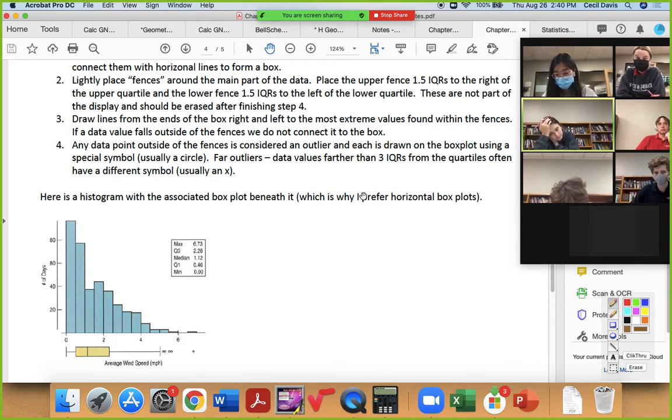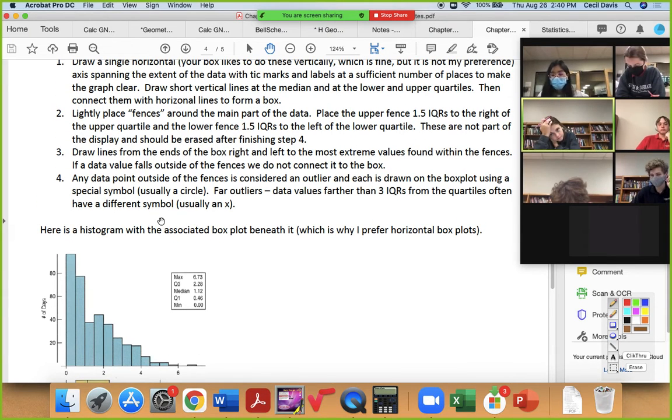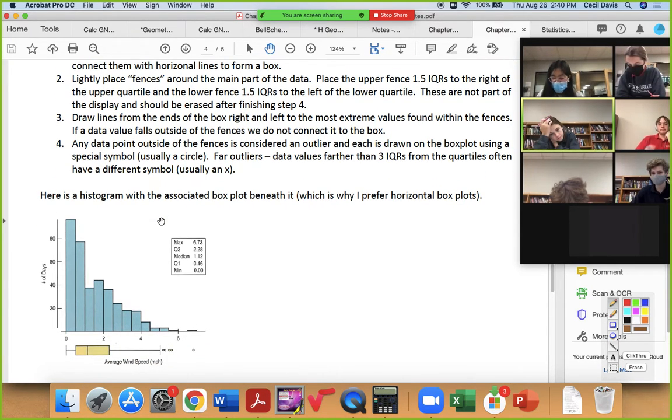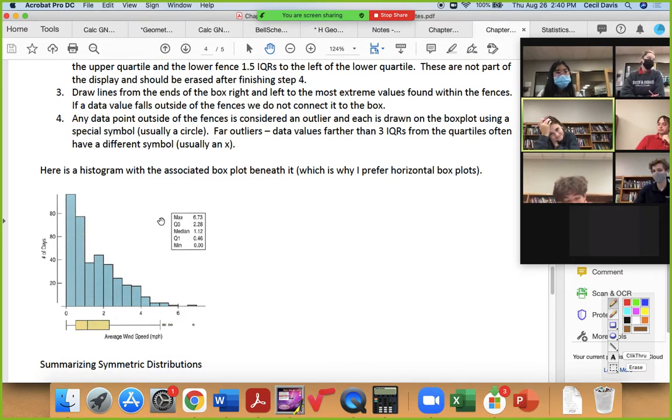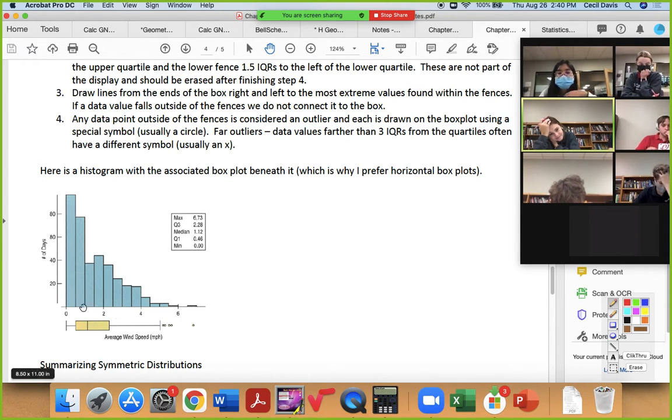So here is a histogram, and this was the number of days that the average wind speed was a particular value. Notice very sharply, very strongly right skewed. It's unimodal.